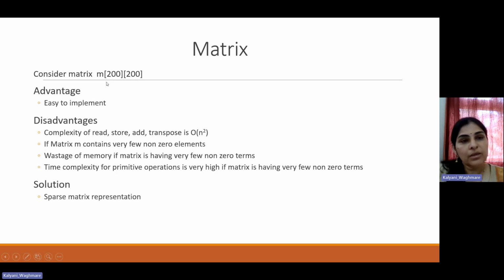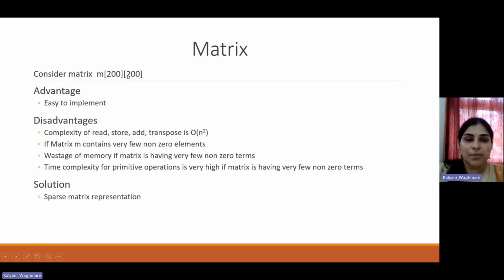Out of this, I may have only 20 rows and 20 columns present. Then the remaining elements are a wastage of memory. Unnecessarily, I have allocated memory to store them.